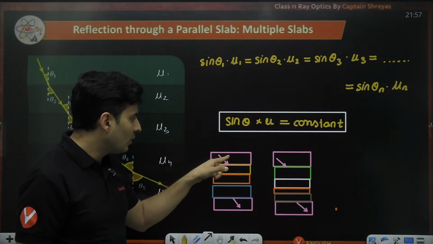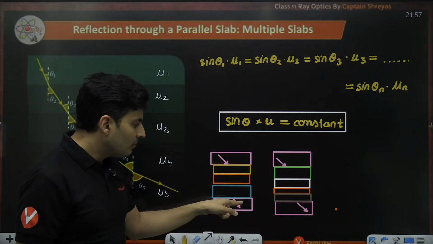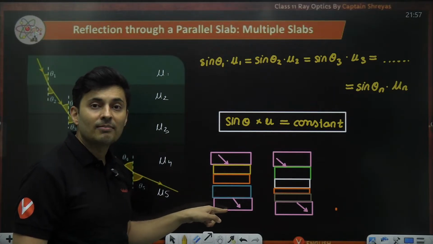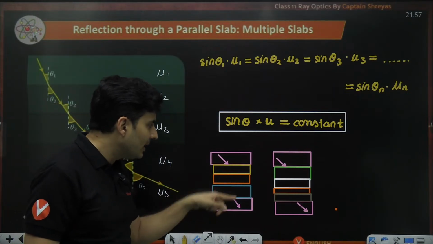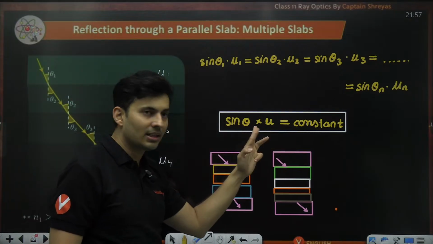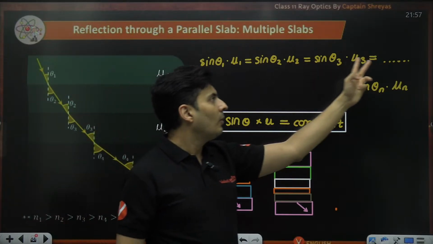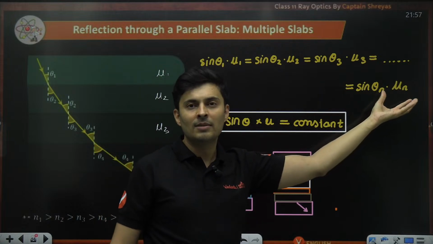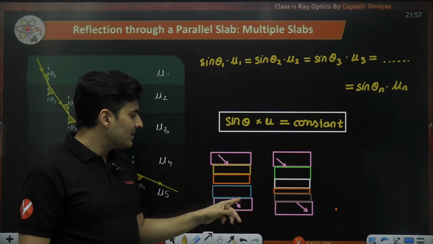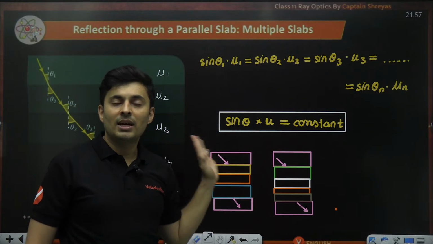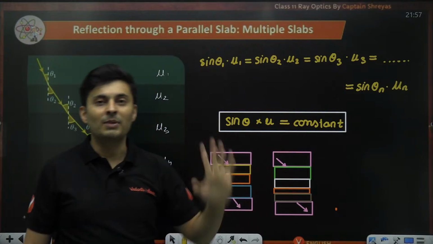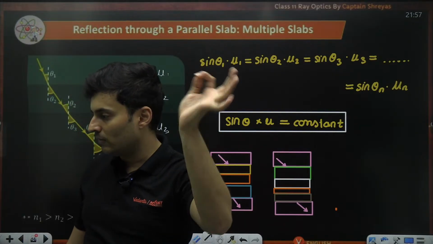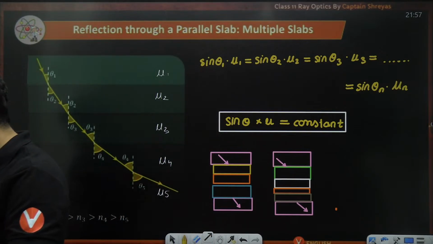Whatever theta is here, whatever mu is here, same mu is here, so theta should be same. So whatever is in between doesn't matter because their product is constant no matter how many terms you keep in between. The first term and the last term will be the same. So if the medium are same, whatever is in between doesn't matter, the ray will end up with the same angle. This is the beauty of this property.